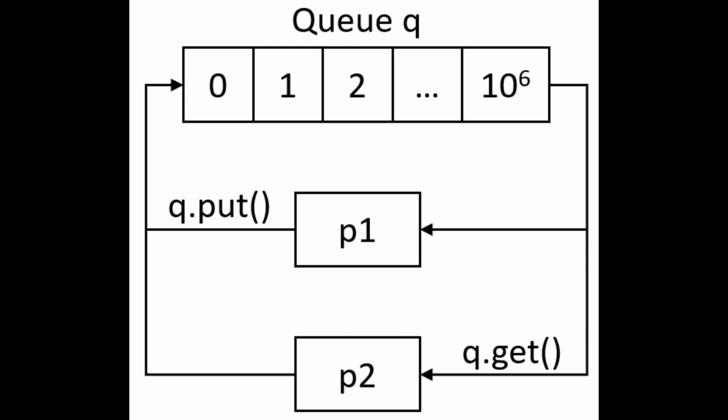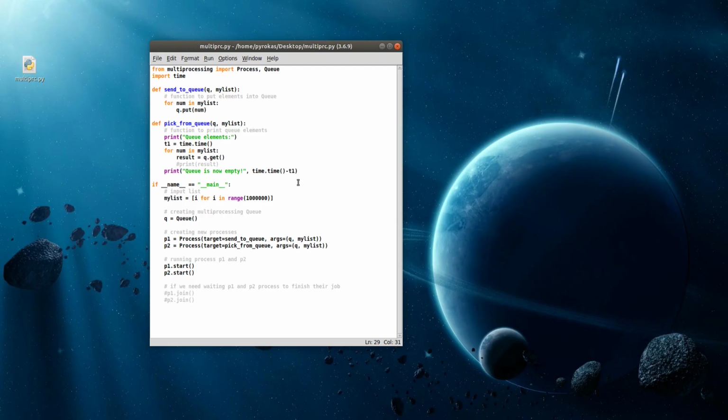Here I am showing you a simple script where I already wrote a very simple code, and with this code we start 2 processes, one that puts data into the queue and one that picks it up. As you can see, the functions are named respectively. Right now, my goal is to check how long it takes to put numbers from 0 to 1 million into the queue and then read them.